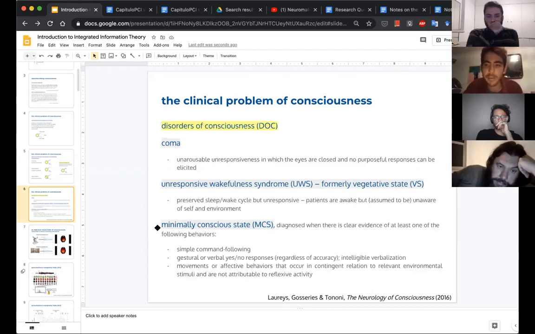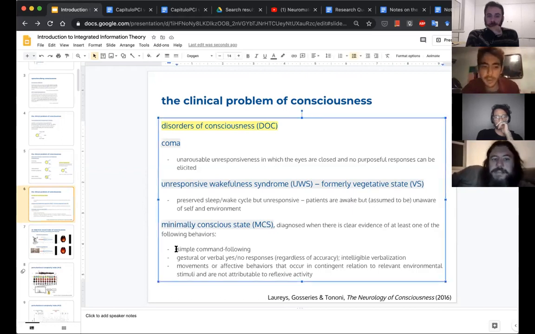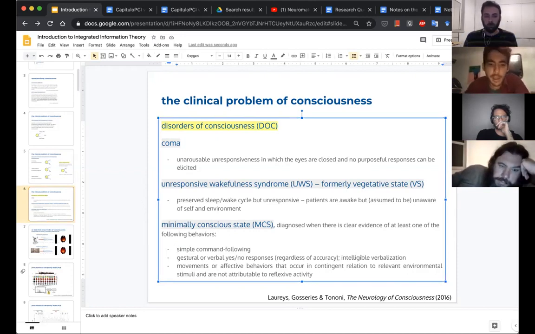If you can demonstrate clinically that these patients can show any of these behaviors, like being able to verbally communicate in some sense, then you know they're conscious. Otherwise, in the clinic, you normally just presume the person is unconscious. But it is known there are lots of false negatives in the diagnosis of vegetative state. So it's kind of a big problem.